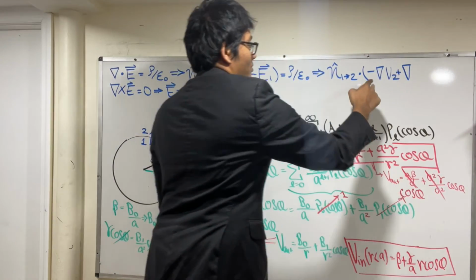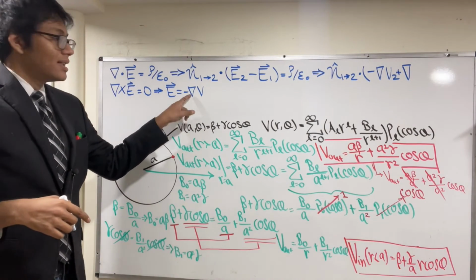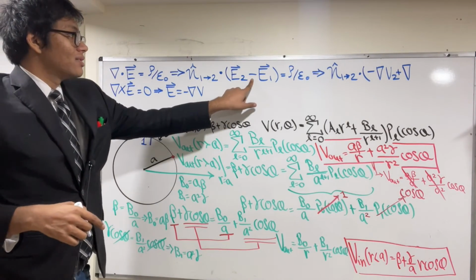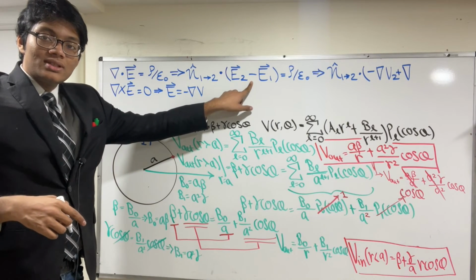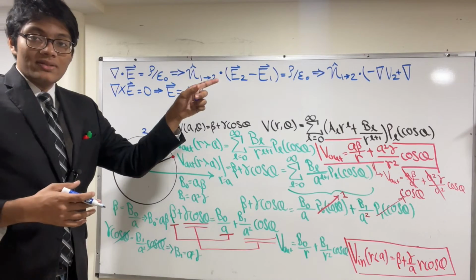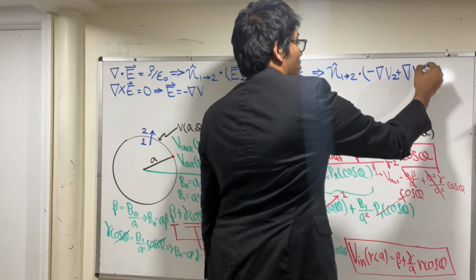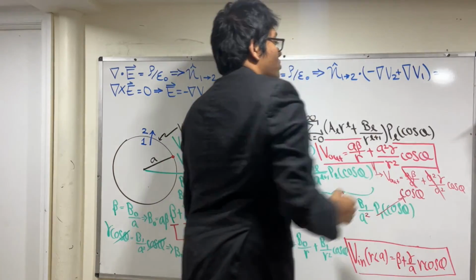One minus coming from the definition of the electric field as minus the gradient of the electric potential, and the other minus coming from this difference. And so we're going to have a net positive sign right here. And this is an electric potential sub 1. And this is going to equal what?